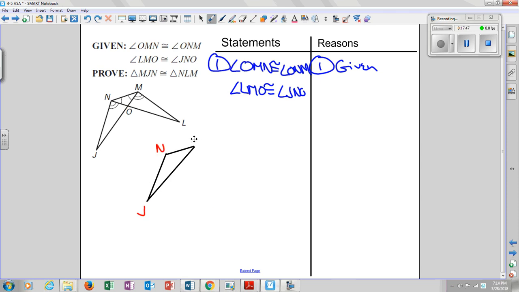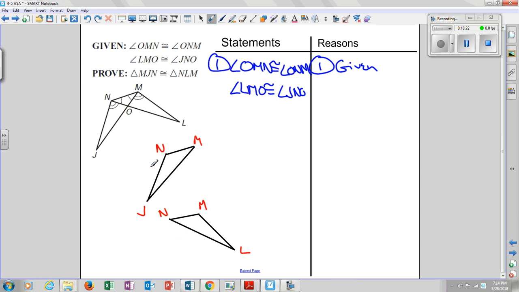But I see J and M. I don't want to drag this over. And you see how separating these out might actually help you. And then it's L, M, N.